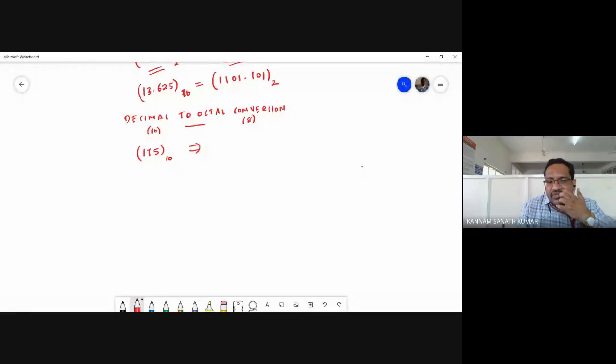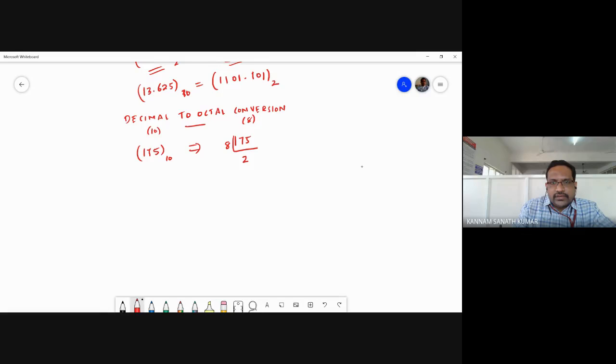When you are converting into octal, what should you do? 175 is there. Whatever the radix you want to convert to, you have to divide by it. What is the radix for octal? 8. You divide by 8. 8 2s are 16, and 8 1s are 8.